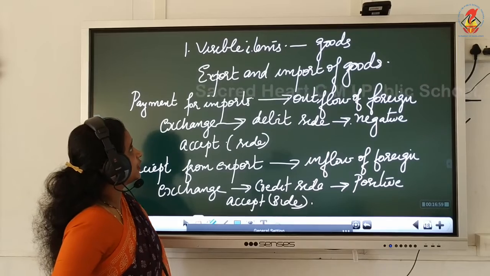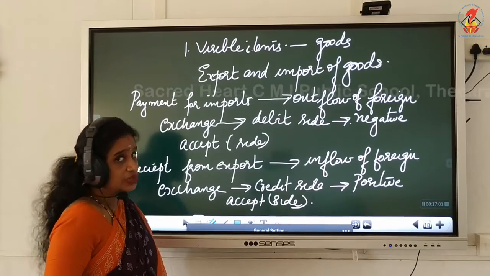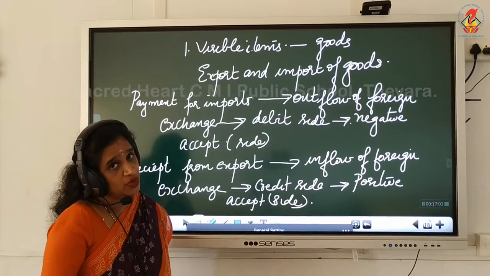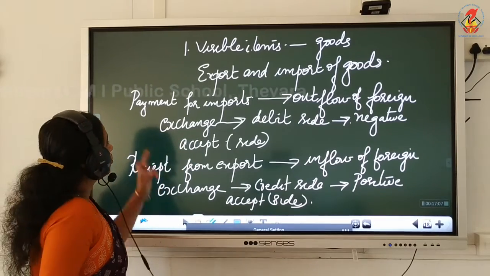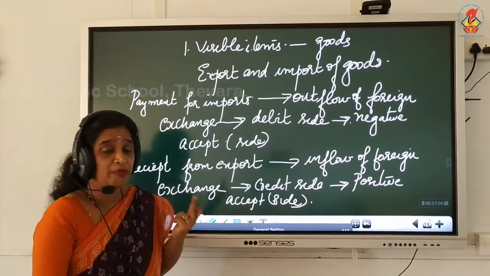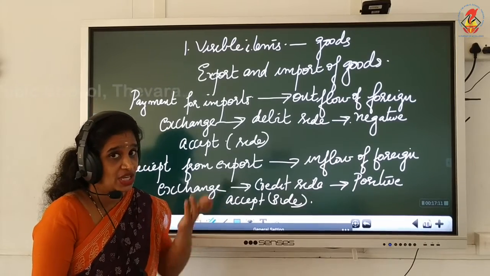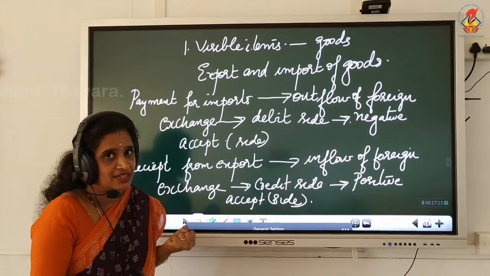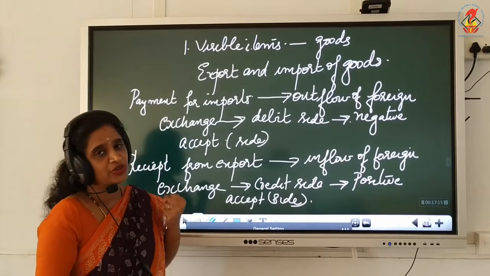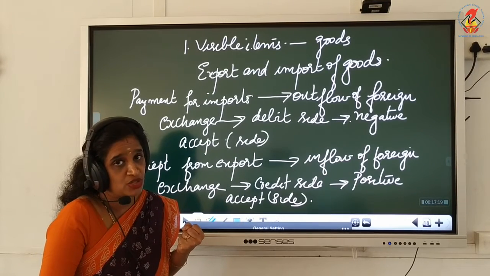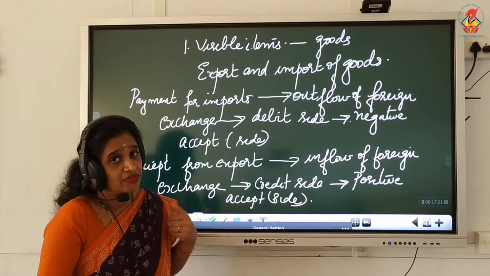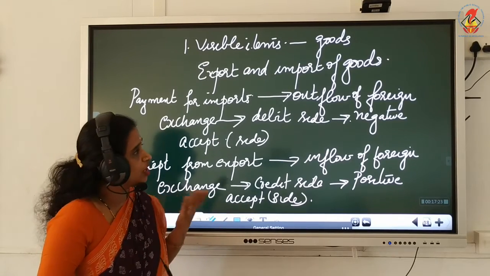I hope it is clear to you. Visible items, goods, means export and import of goods. Now, for imports, we will make payment because we are buying goods from other countries. So we have to make payment for the goods that we are buying. When we make payment, our foreign exchange will be flowing outside.